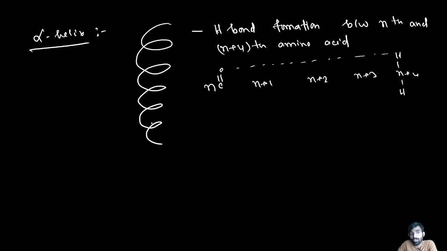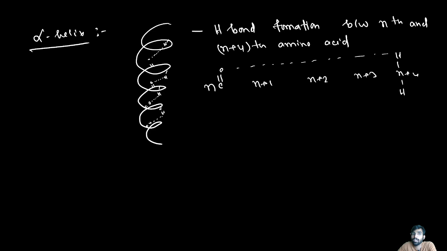And the second thing is that all the side chains are projected outward. Here there is the backbone. Suppose here it is a CO and here it is the NH, this is the H. Now there is a bond. Again this is O, this is H, that is a hydrogen bond. Again that's O, and then here H, again a hydrogen bond. It's like that, O, H, hydrogen bond. It means N and N plus 4, right?